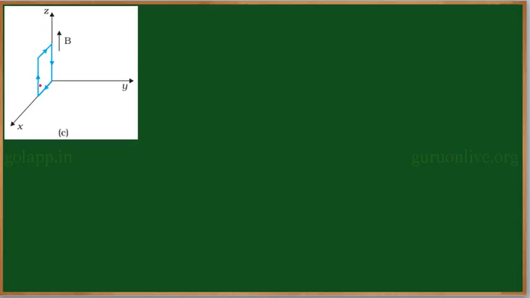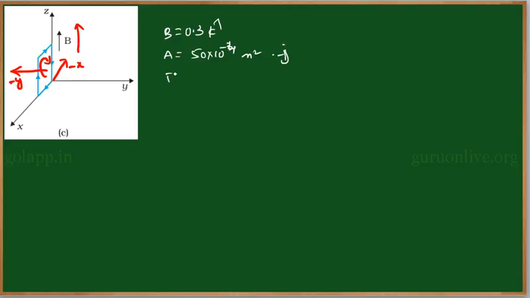Now come to the third picture. Here the current is flowing in this direction, so from this I can guess the normal vector direction is towards the negative y-axis. If it is in the negative y-axis and the magnetic field is in the positive z-axis, then the resultant vector, that is the torque's direction, is towards the negative x-axis. B is equal to 0.3 k cap, A is equal to 50 into 10 to the power of minus 4 meter square in the minus j cap direction, I is equal to 12 amperes.